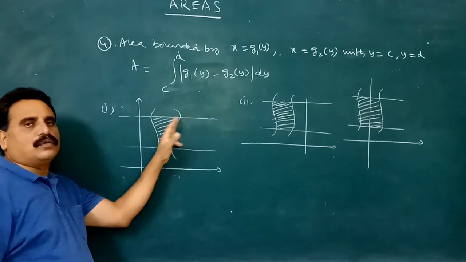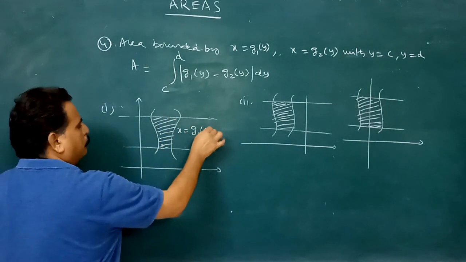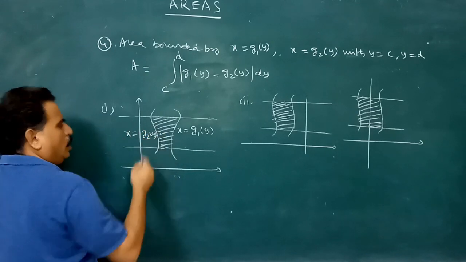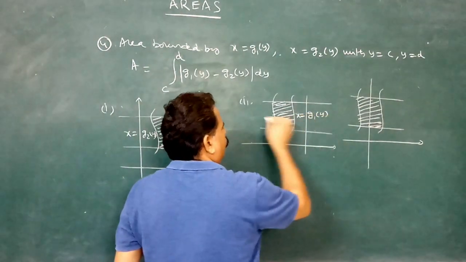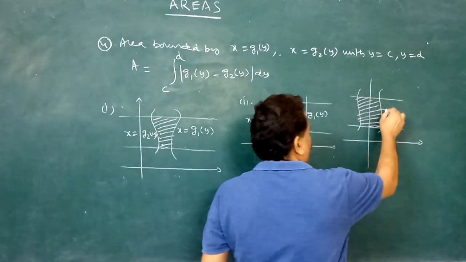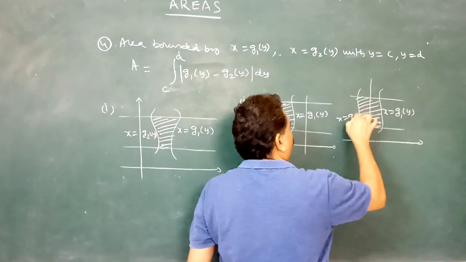That's why it is the up curve, and the other is the down curve. So let us take the up curve as x = g1(y), the down curve as x = g2(y).